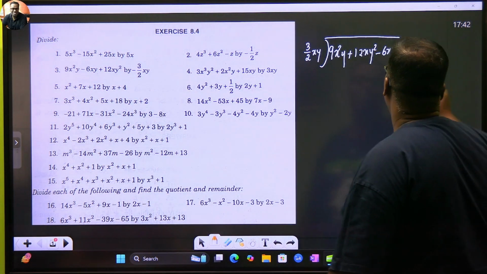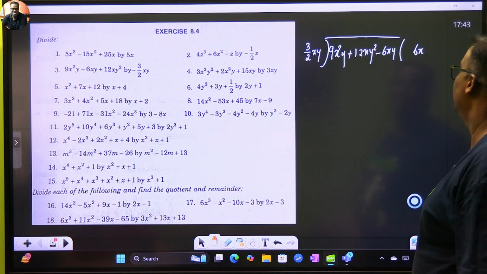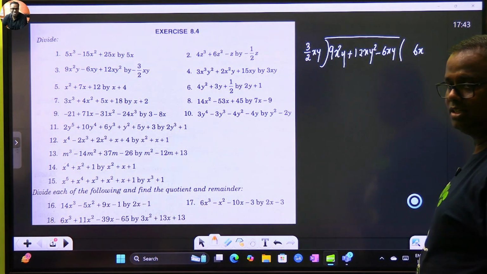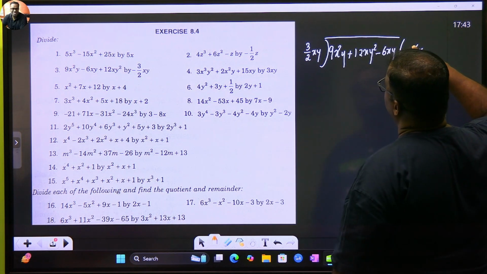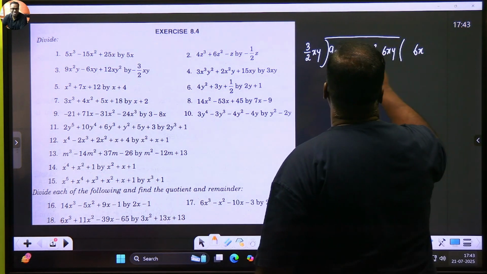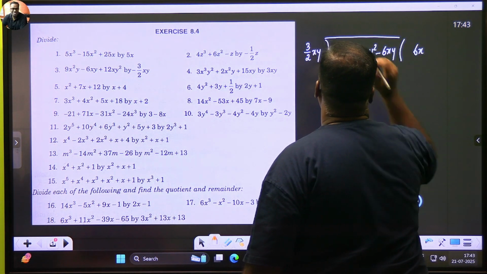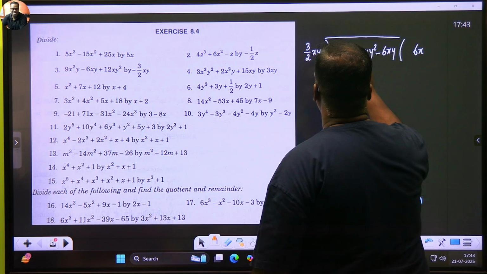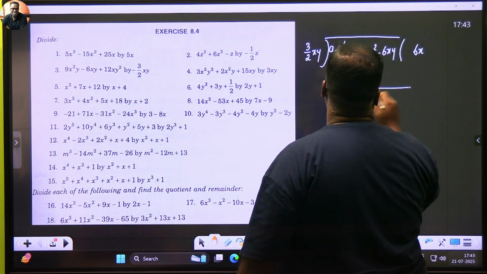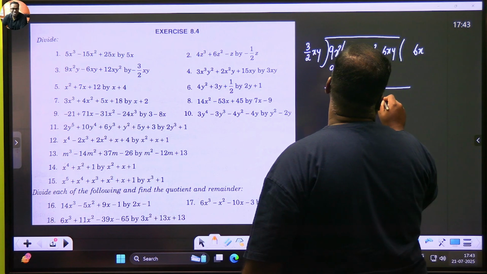Here I have written 6x leaving some space, okay? So 6x, correct? If you do with 6x, then how much do we get? 2 cancels 6 as 3. 3 into 3 is 9 and x into x. So we get a 9x square y. No issues about that. And this is cancelling each other, which brings me 12xy square and a minus 6xy down.